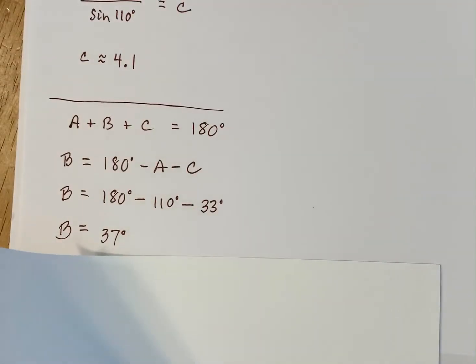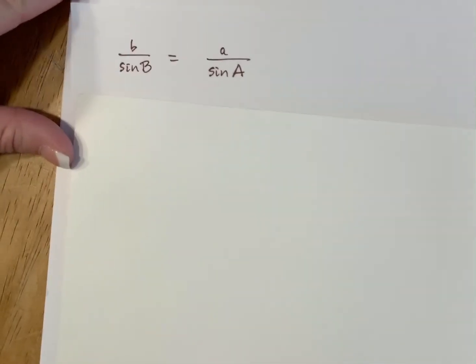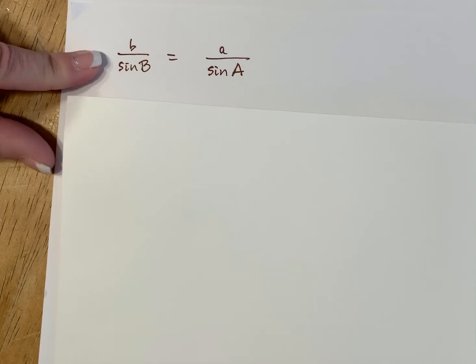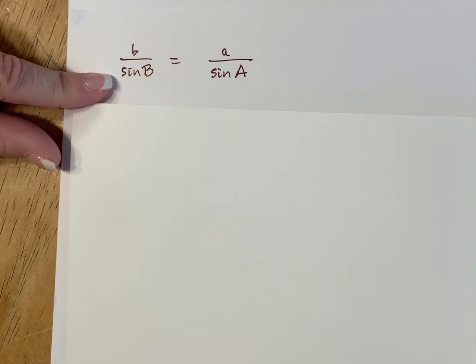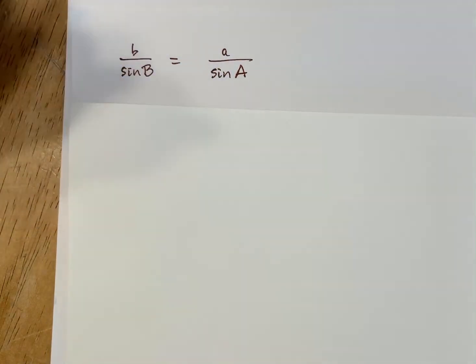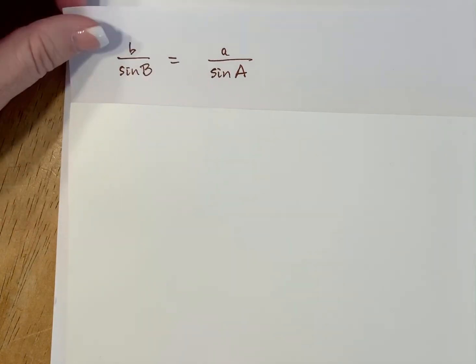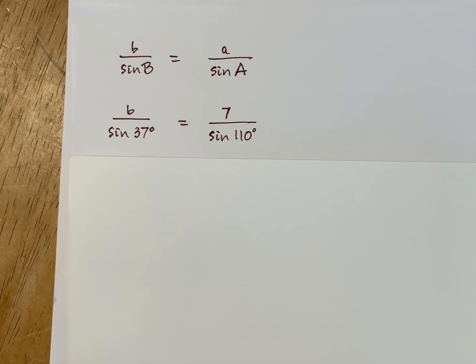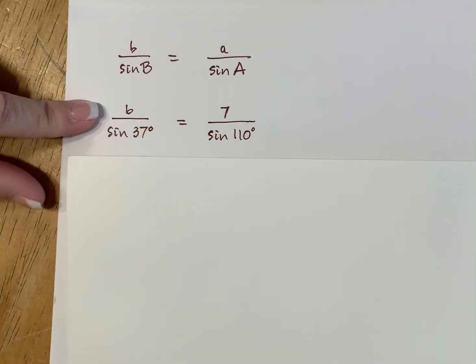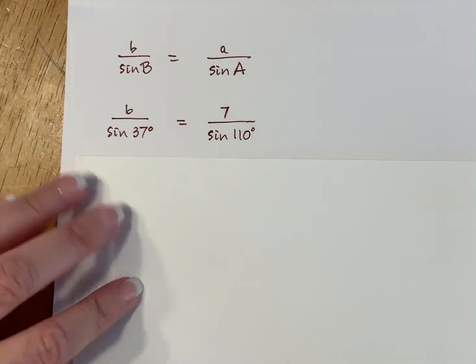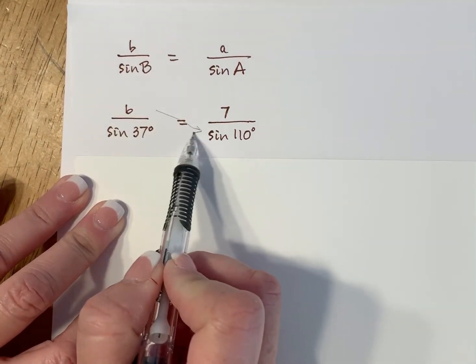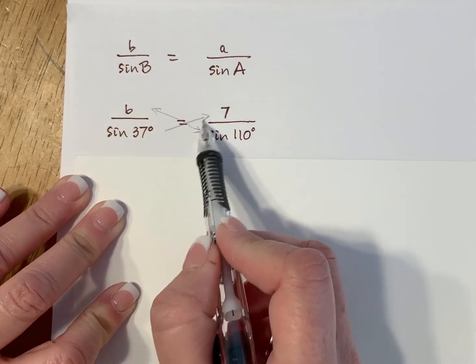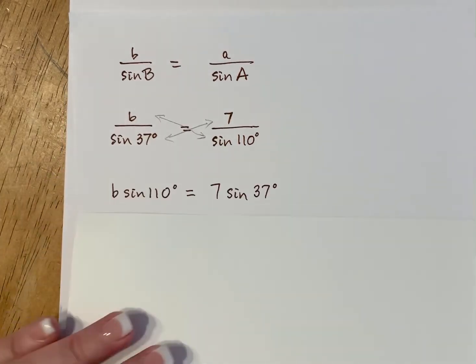So in this case, one last thing to do. I'm going to use this ratio for the law of sines: side b divided by sine of angle B is equal to side a divided by the sine of angle A. And when I put in the 3 numbers that I do know, I need to solve for b. Again, you can think that the cross products are equal and write that.